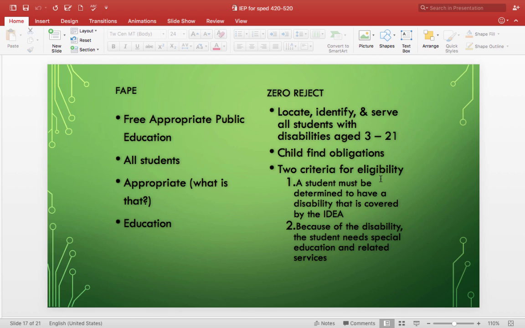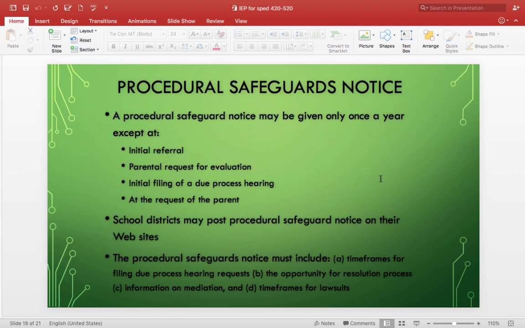Most school districts are required, I think all school districts are required, to have a child find office. And they work with parents and doctors in the community to make sure that they aren't missing any kids, because it is a federal law that all children will have access to special education services if they are eligible. Procedural safeguards.